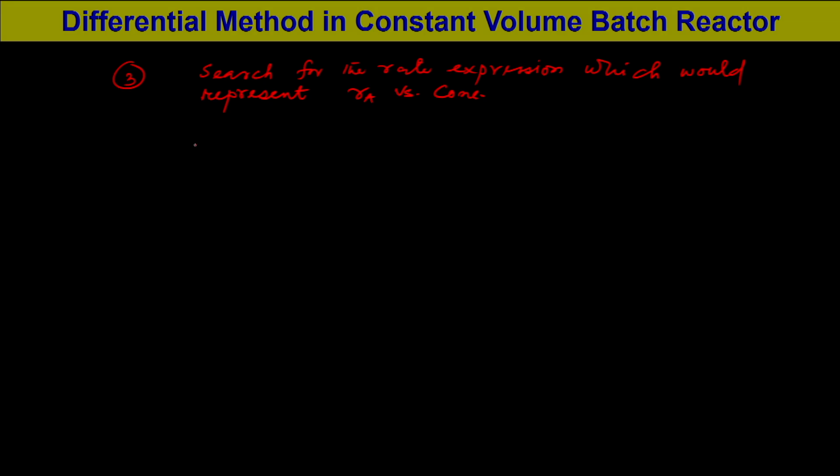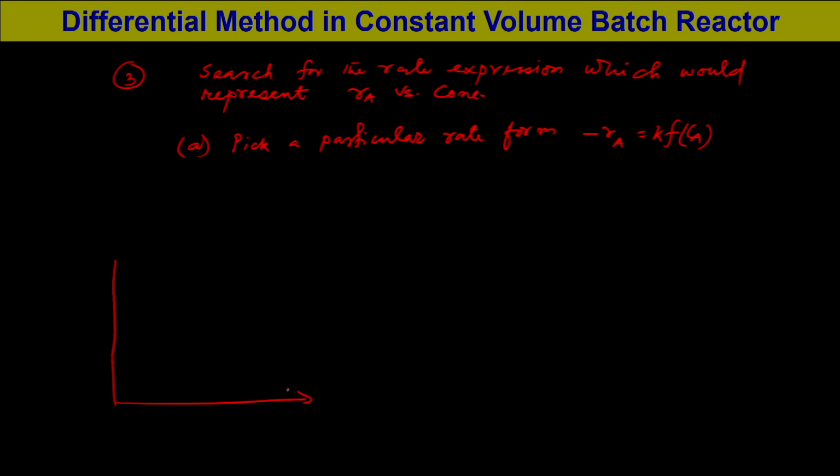So, this can be done two ways. One, we can pick a particular rate form, that means minus RA is a function of concentration, K into function of concentration, where K is the rate coefficient, and we can plot like this, as we have done for integral method of analysis.